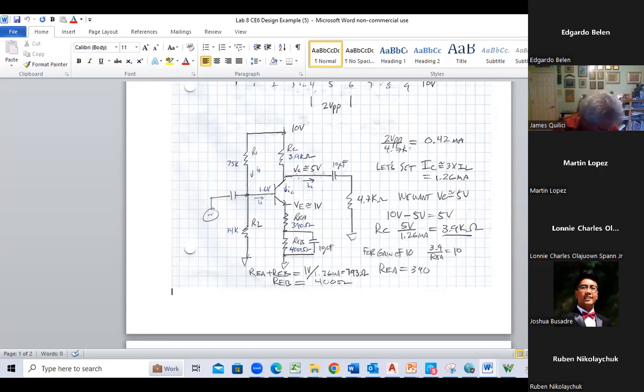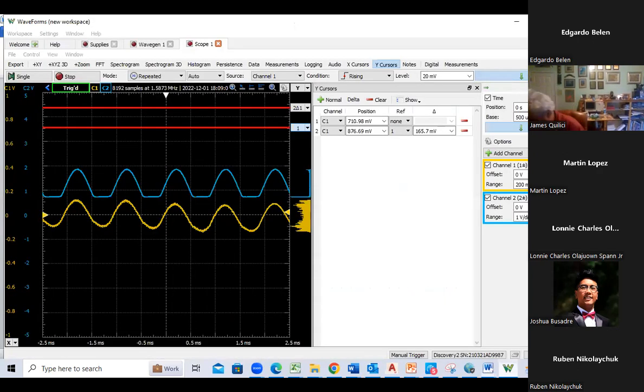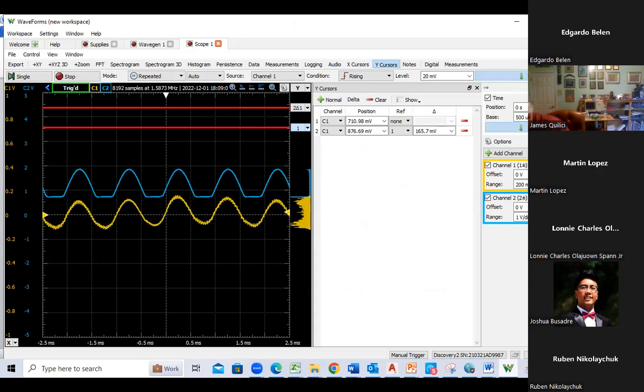My response right now, the collector is at the wrong voltage. Let me see if I can make an improvement here. Put on waveforms. Okay, where's my collector? 2K to VCC.